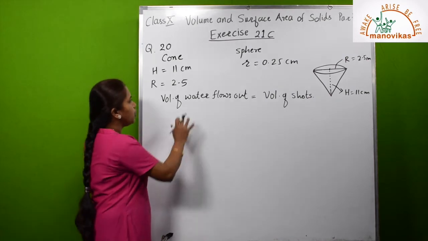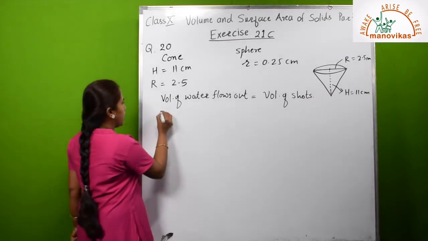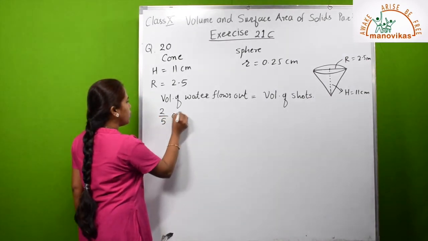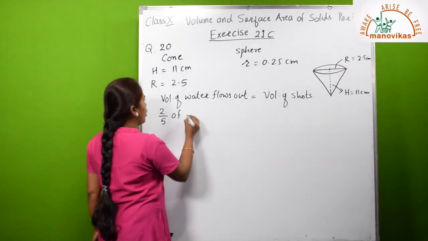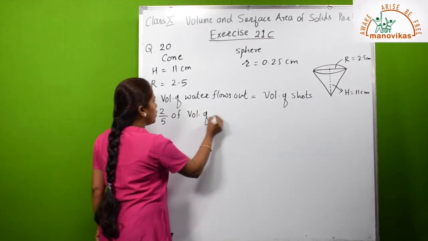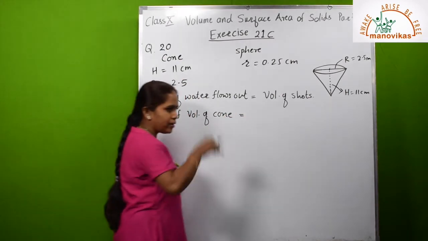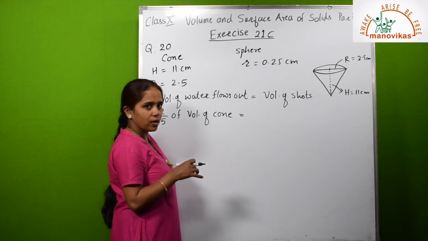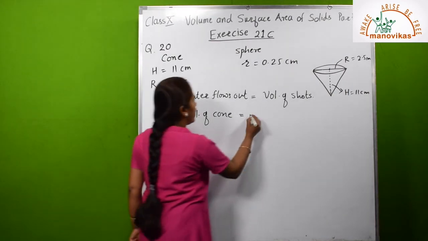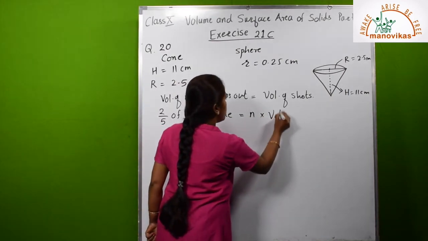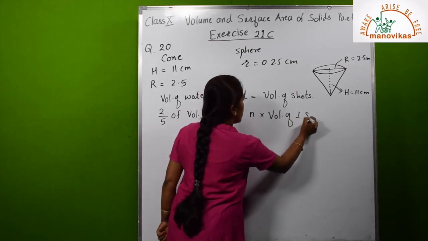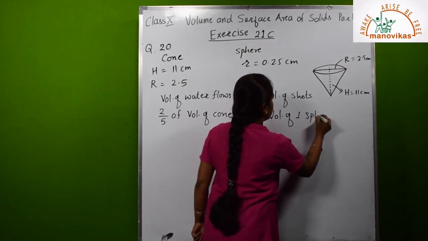Okay, now how much volume flows out? That is 2/5 of total volume, that is 2/5 of volume of cone, which is equal to, suppose there are n number of spherical shots put, then n into volume of one sphere.